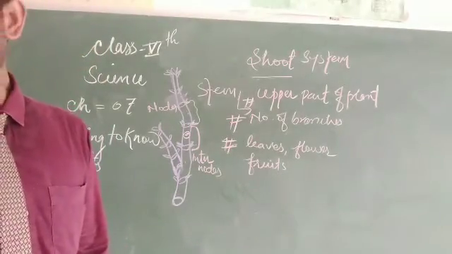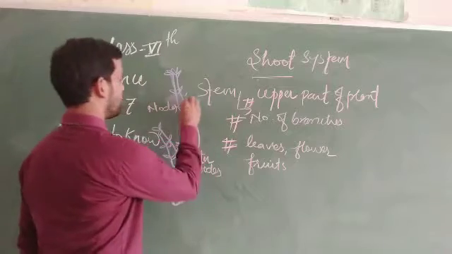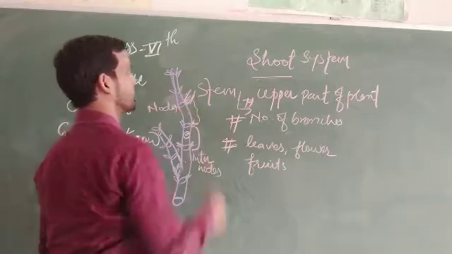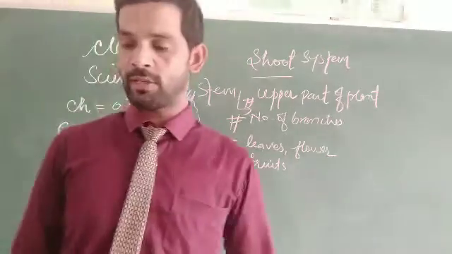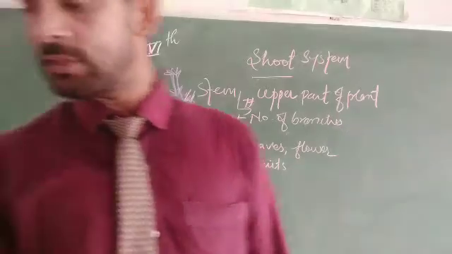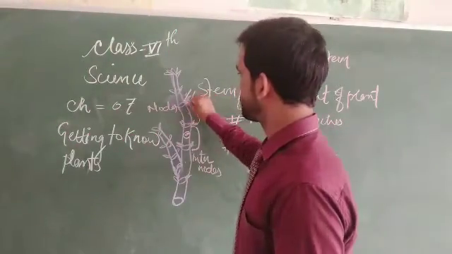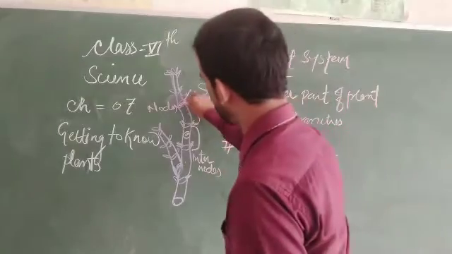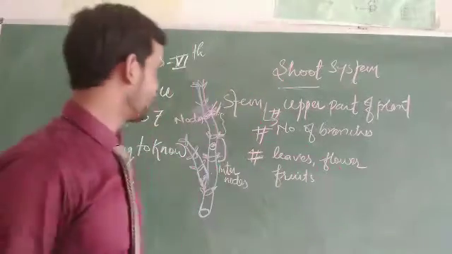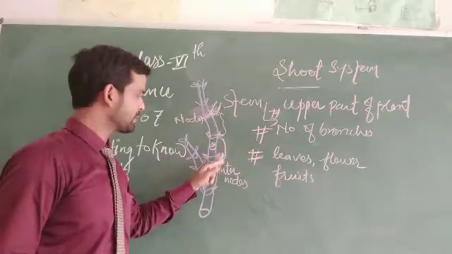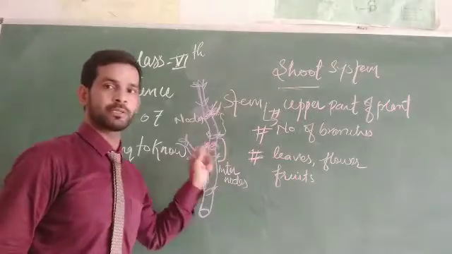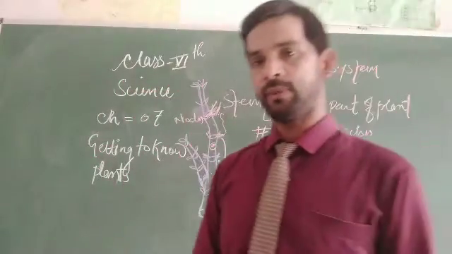From where the branches arise or come out is known as a node. What is the internode? The part of the stem between two nodes. This space is called an internode. It is also a part of the stem.